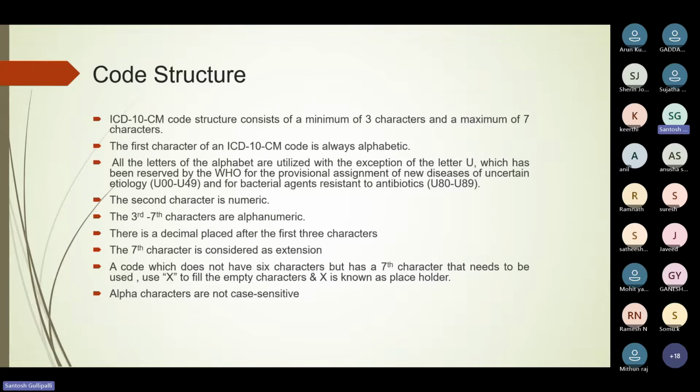Sometimes a patient uses antibiotics for a specific infection, and another infection develops because of the antibiotic drug. For example, UTI due to ESBL. UTI means urinary tract infection, so urinary tract infection due to ESBL.